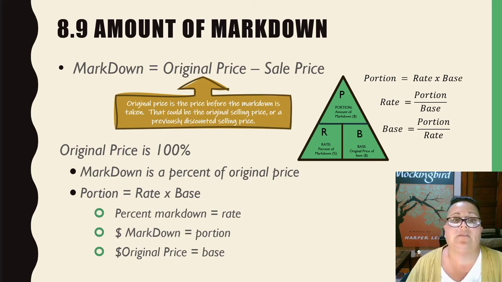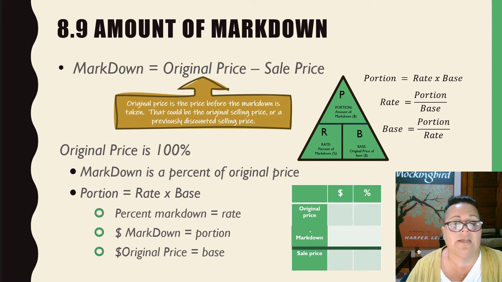It also means that we can use the chart. We have to modify it slightly. So instead of selling price equals cost plus markup, I'm going to use the original price minus the markdown is the sale price. So our selling price is the original price minus the markdown.